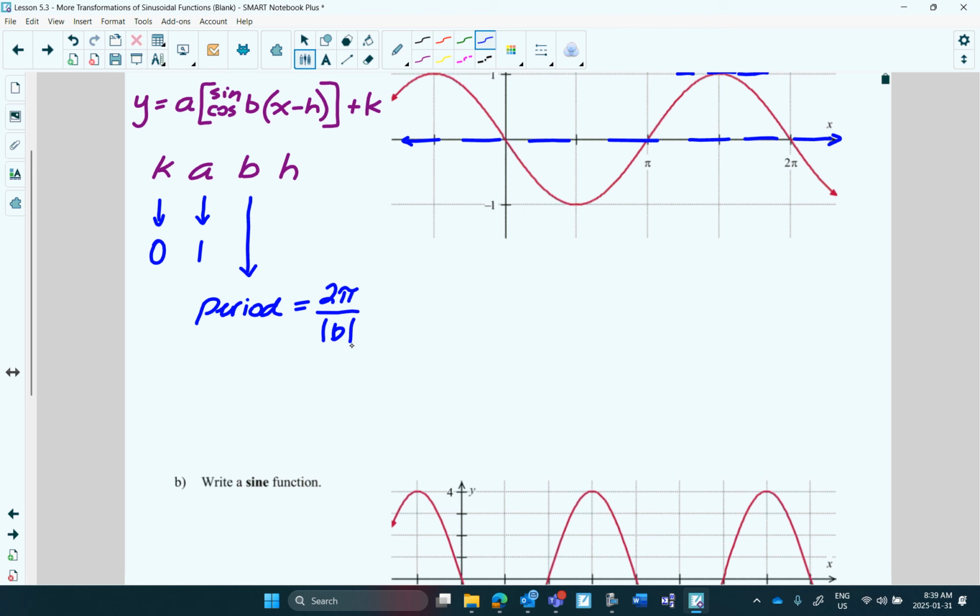Well, solve this equation for B. Times both sides by B. Those reduce to 1. Divide both sides by the period. And B is always going to be 2 pi, whatever the period is.